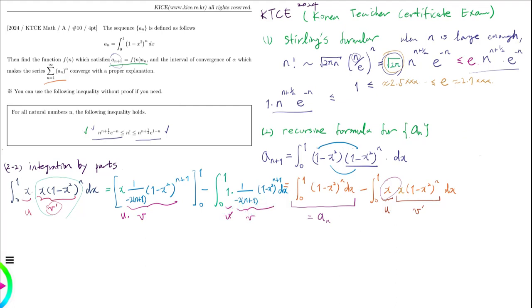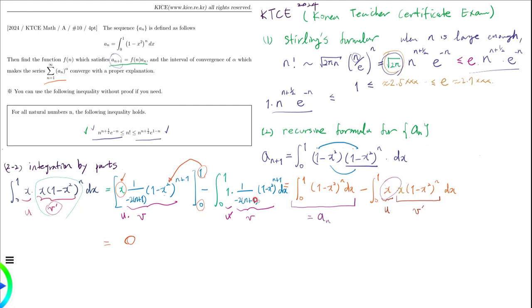The derivative is with respect to the x variable. When we evaluate the first term, plugging 0 into x we have 0, and plugging 1 into x we have 0. So this whole first term is nothing but 0.